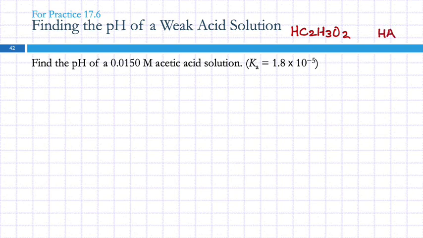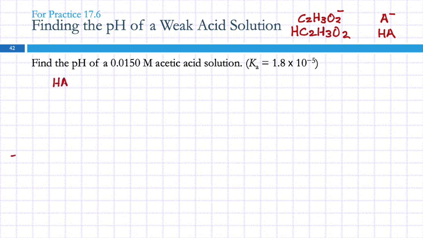Then the anion here, the conjugate base, acetate ion, is A minus. We tend to do that a lot because it just speeds things up. Because do we really care about the formula for the acetic acid? No, not in this kind of a problem. So I'm just going to use that simplified equation.